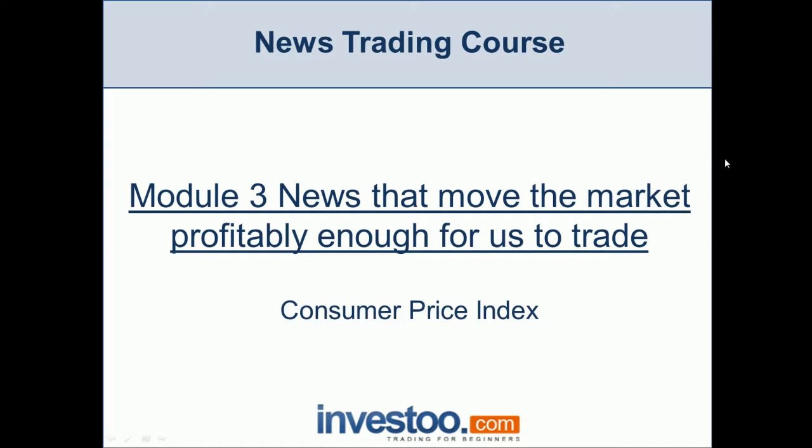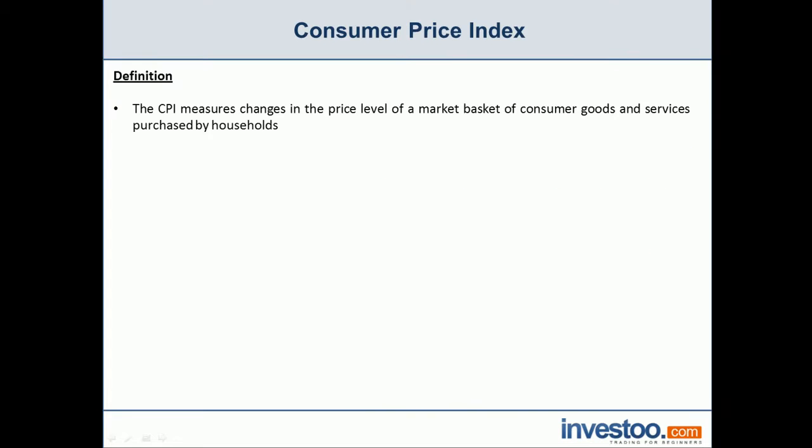Now let's start by defining what a CPI is. The CPI measures changes in the price level of a market basket of consumer goods and services purchased by households. This means that the CPI measures the buying power of consumers over a fixed basket of goods and services.